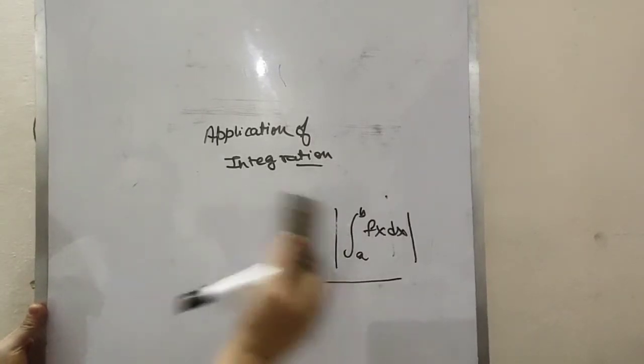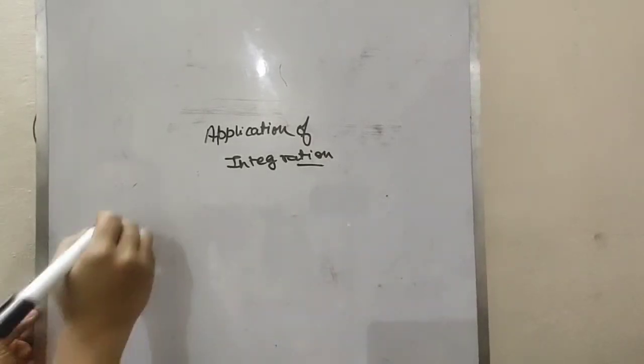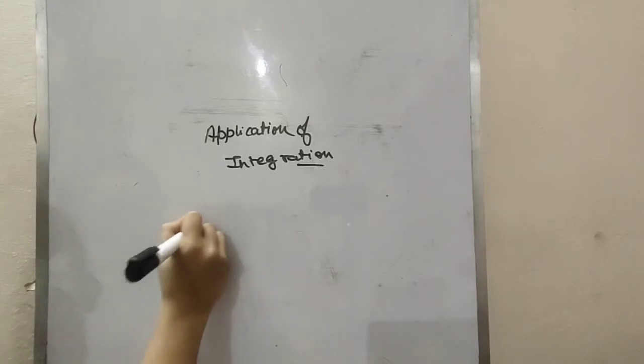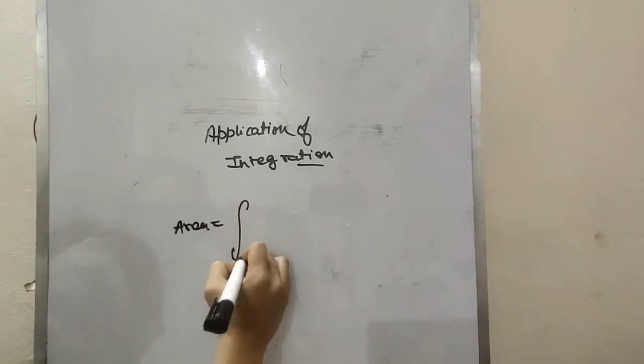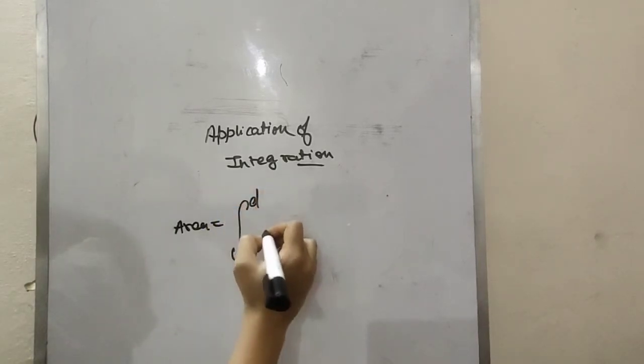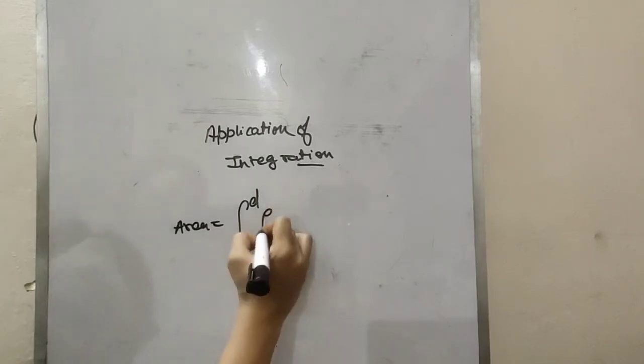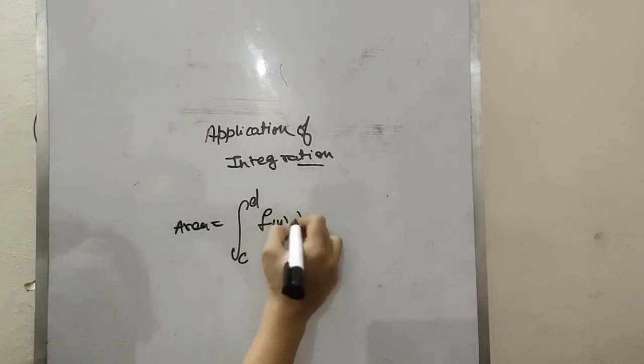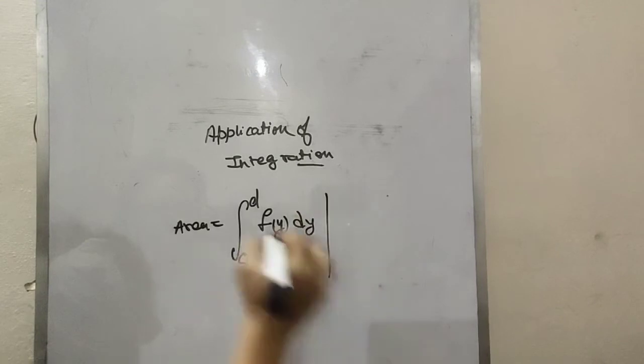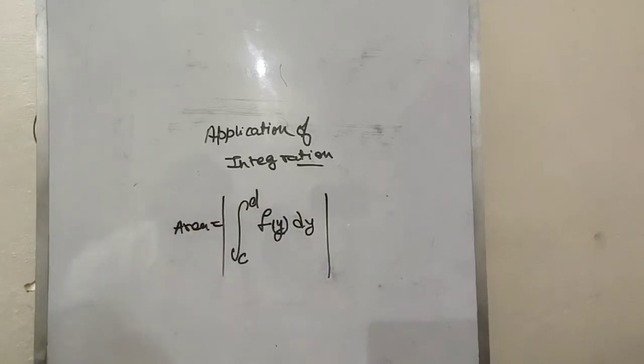There we will be using a formula. Area is equal to the integral from c to d. Here I will be using a function of y and integrating with respect to y, but I will be taking the positive modulus.